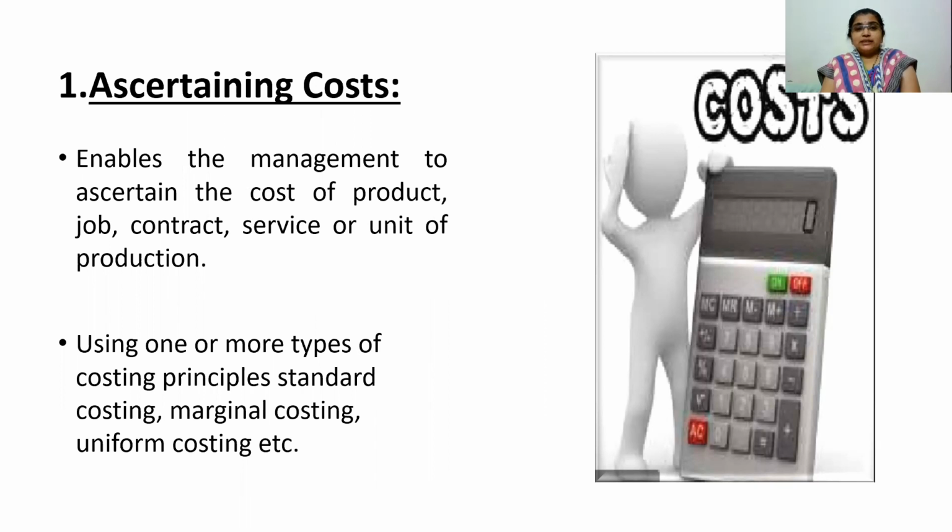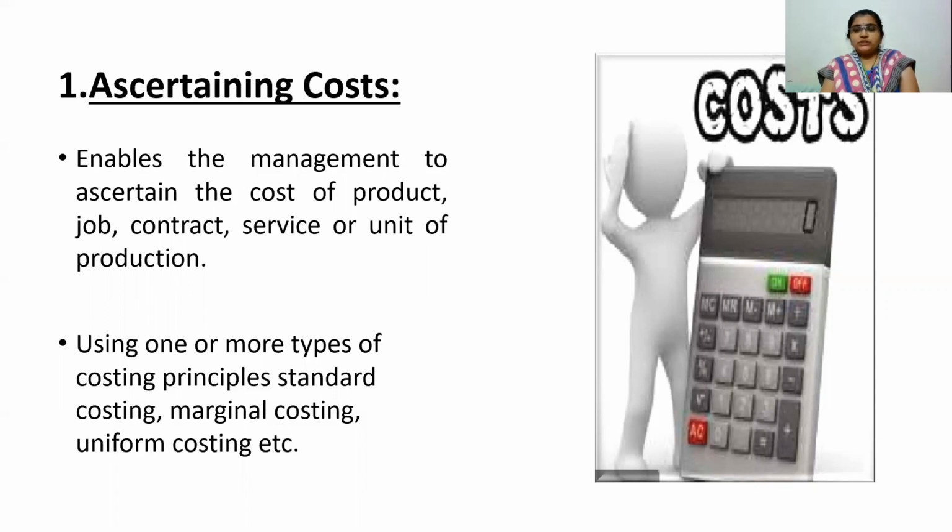The first one is ascertaining the cost, which enables the management to ascertain the cost of production, cost of a product, cost of a job, cost of a contract, or a service or a unit of production.